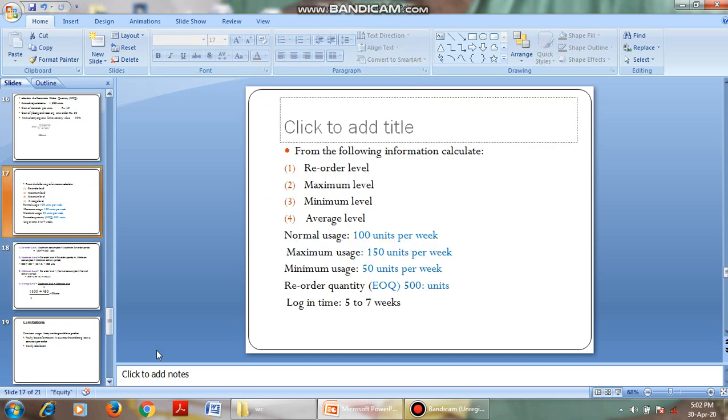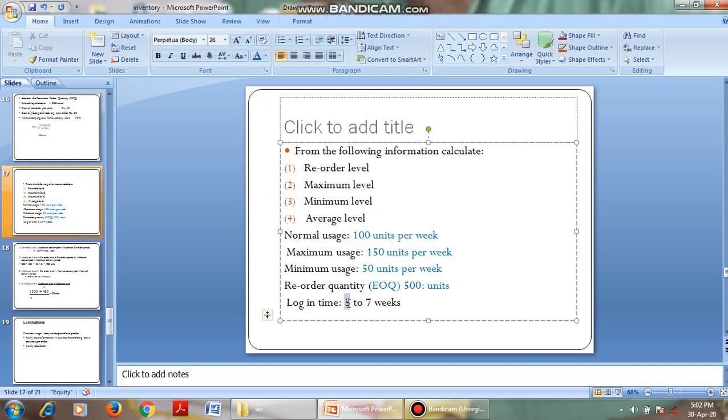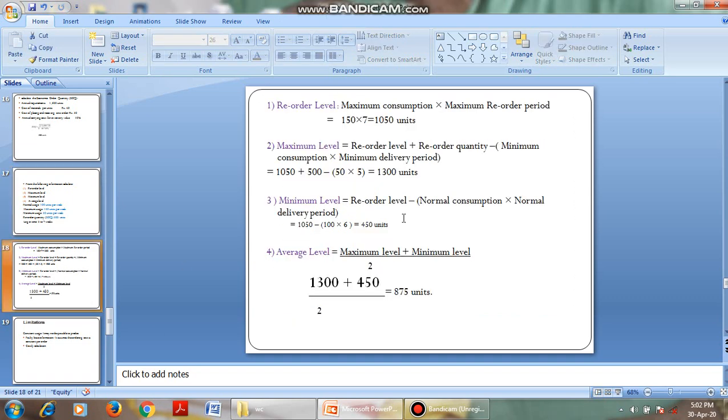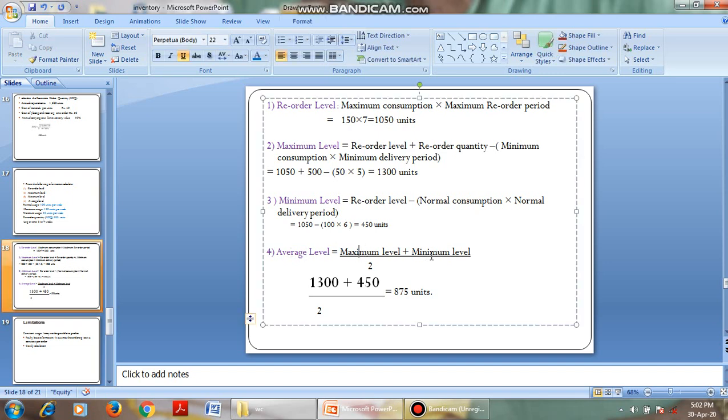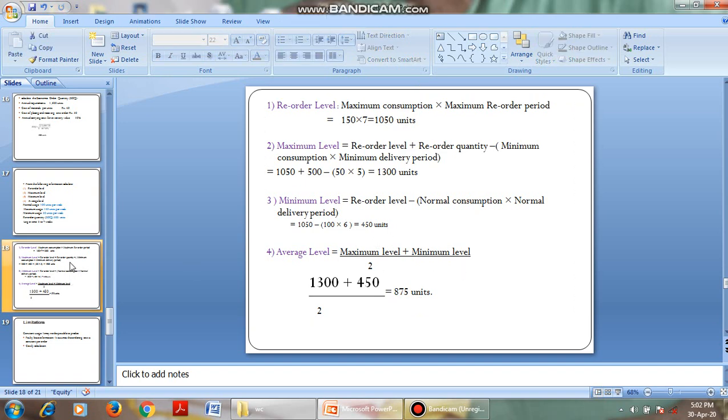It says 5 to 7 weeks, so minimum is 5 weeks, maximum is 7 weeks, and normal is 6 weeks. So it is 450. Then average level is maximum level plus minimum level by 2. Maximum level is 1300 units, minimum level is 450 units, divided by 2, which gives us 875 units.